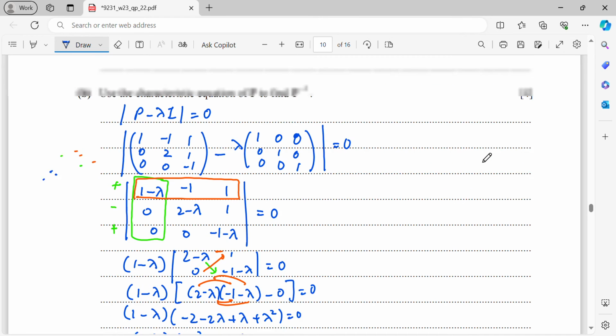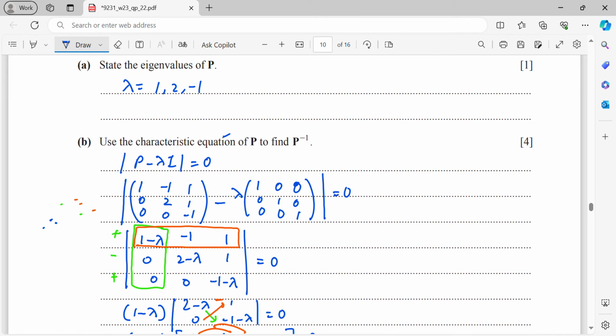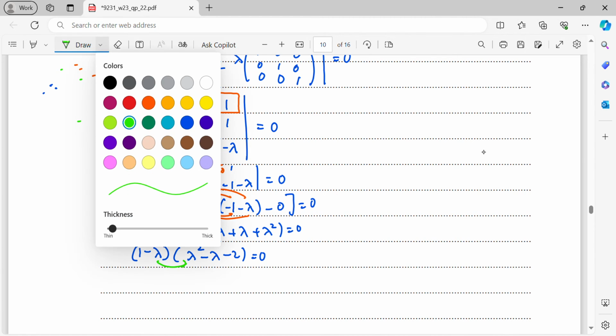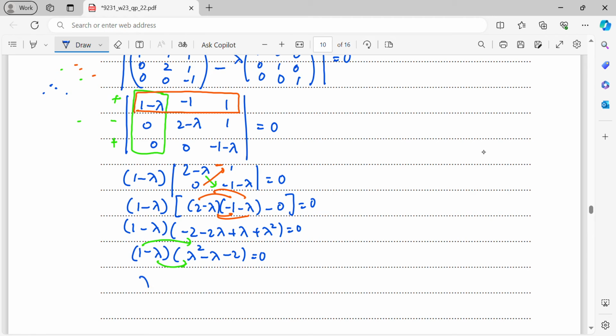Okay, and now to get the characteristic equation, we need to get the cubic equation from here. So do expansion again. Means that 1 multiplied to whole bracket followed by minus lambda multiplied to whole bracket. Then here you will be getting lambda squared minus lambda minus 2. When minus lambda times the whole bracket, you will be getting minus lambda cubed plus lambda squared plus 2 lambda equals 0.